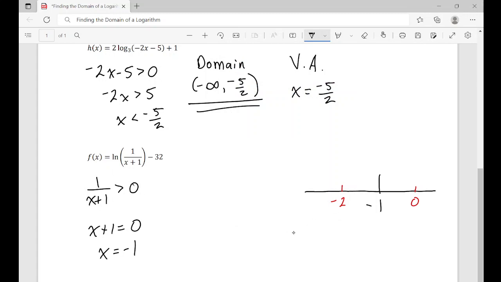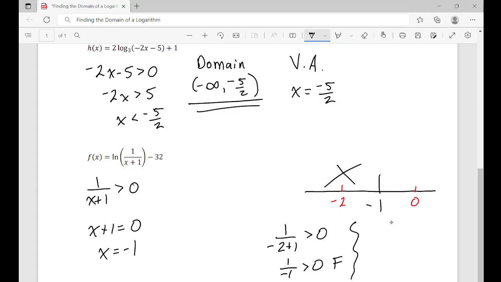So negative 2 first, we have 1 over negative 2 plus 1 greater than 0, which gives me 1 over negative 1. Well, that's a positive divided by a negative, which is going to be negative. So this is going to end up being false.